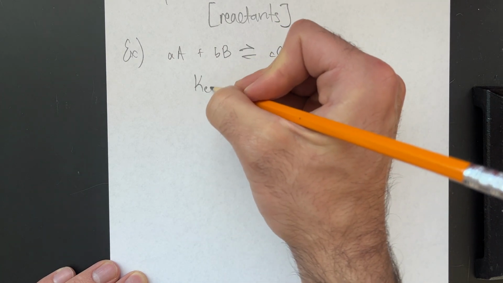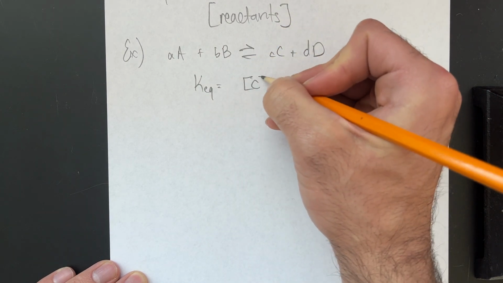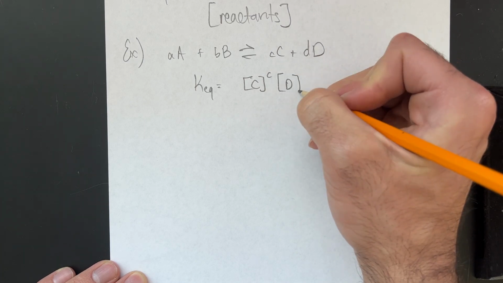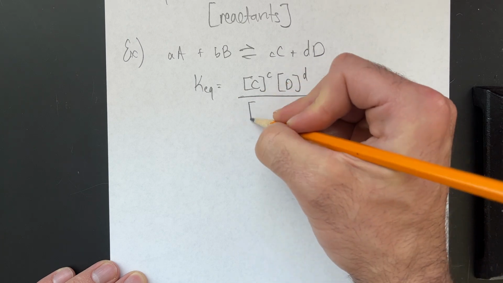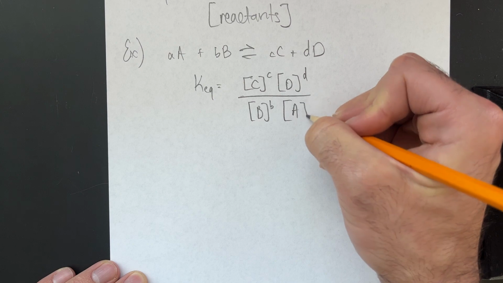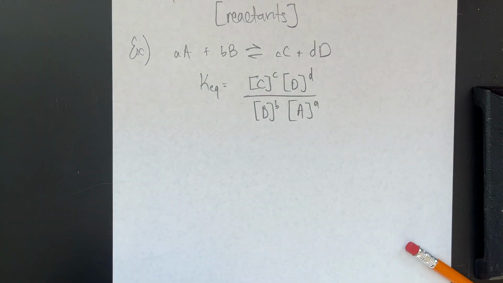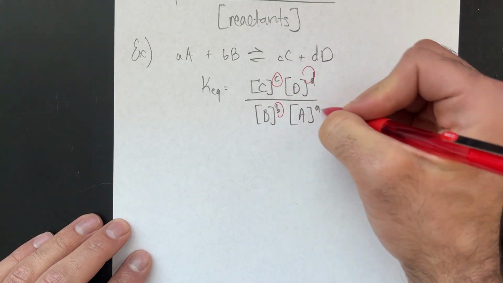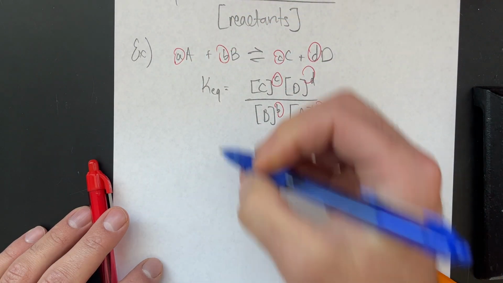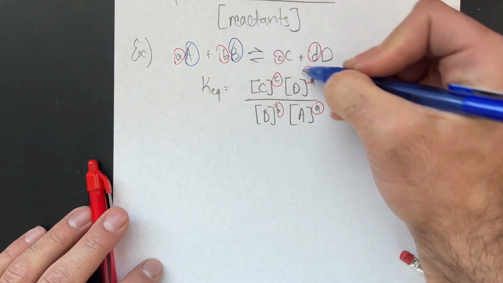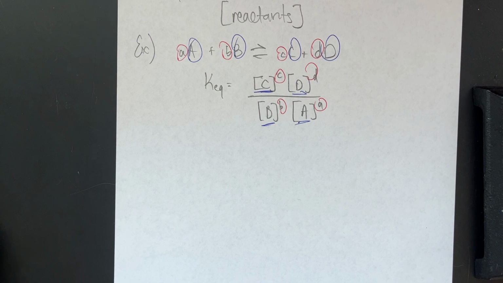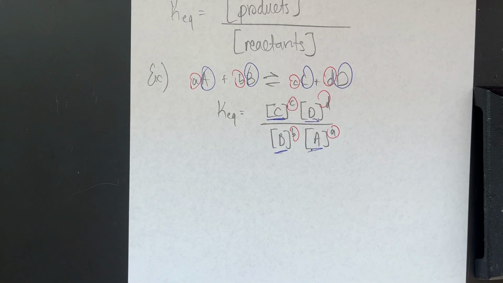Here, KEQ is going to be equal to the concentration of C to the power of c times the concentration of D to the power of d, over the concentration of B to the power of b times the concentration of A to the power of a, where these lowercase letters are all the coefficients, and then, of course, these big ones, that's where we're getting these concentrations from. Okay, so that's KEQ, and that's its definition.